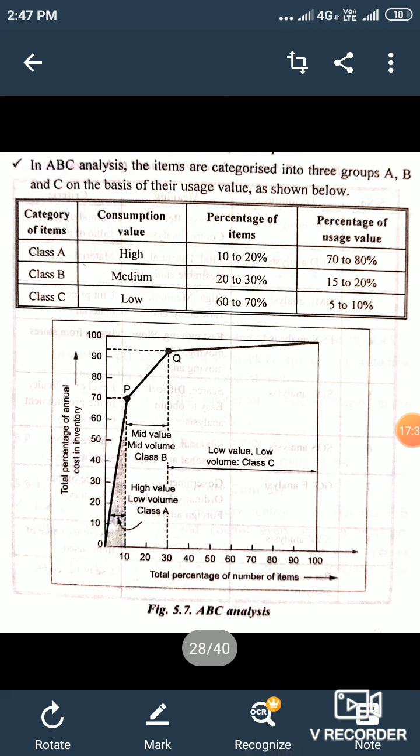ABC analysis helps to exercise selective control and focus attention only on a few items.